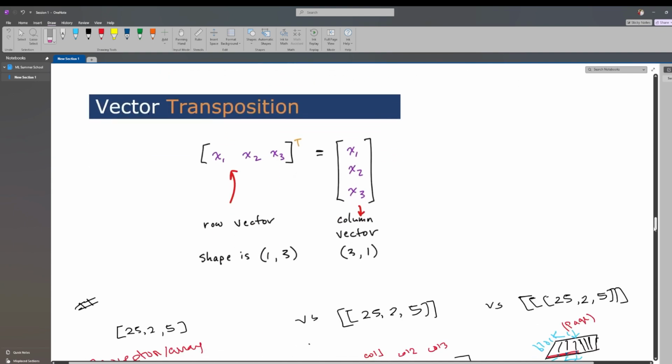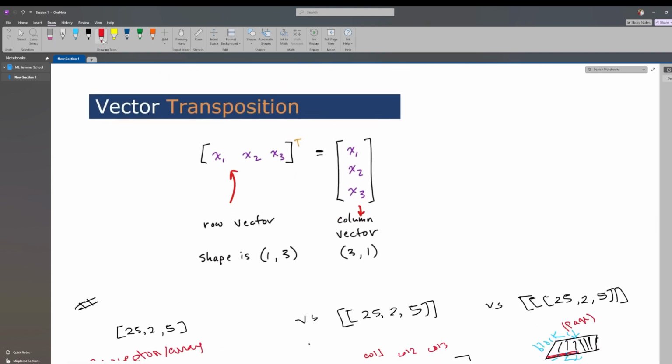Again, the important factor we just learned: the vector can be maybe 1 2, which has length 2, and 1 2 3 has length 3. 1 2 3 4 has 4 values, so the length should be 4.